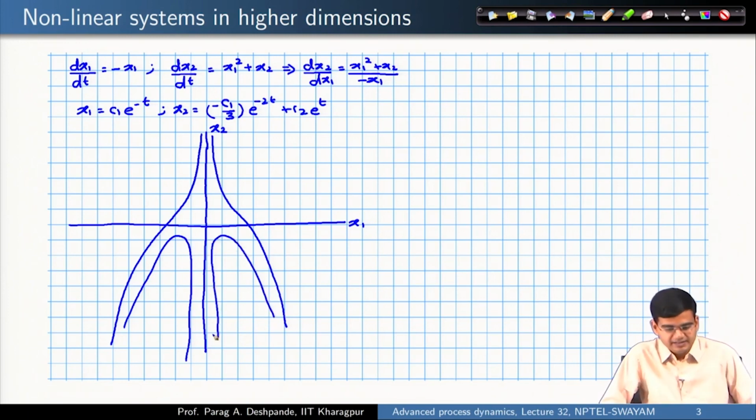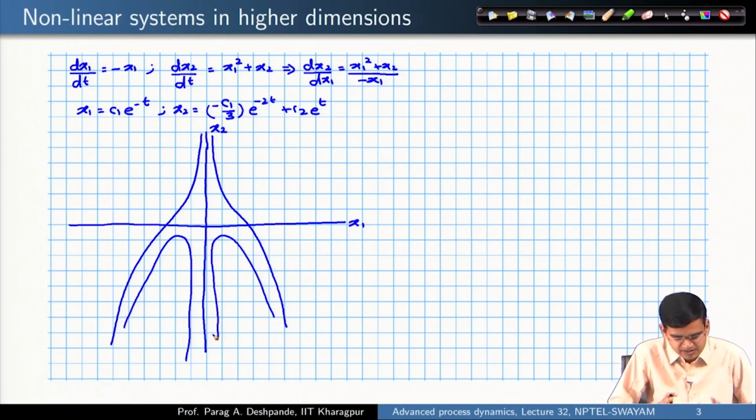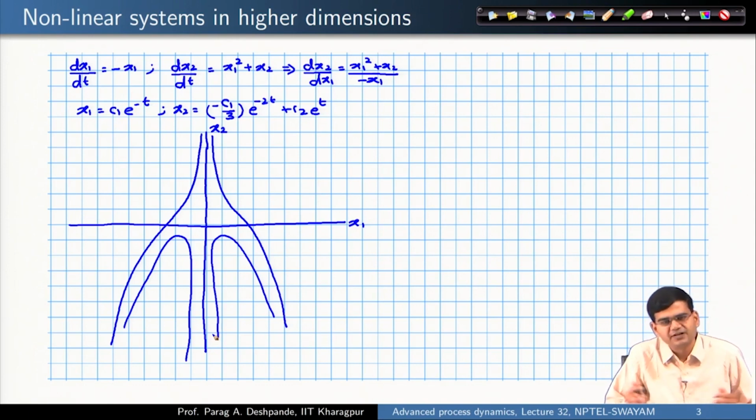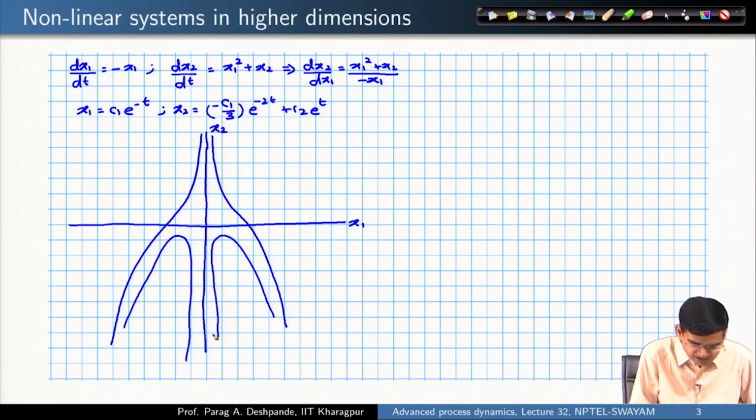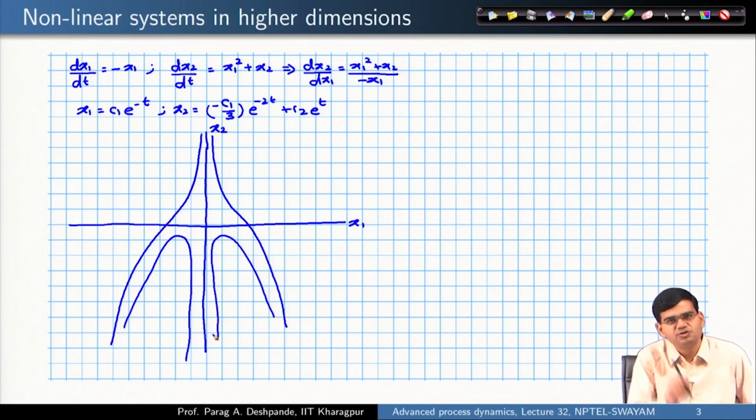As you would see from the solutions, x1 has e to the power minus t, so it should have a convergent behavior along the x axis. And x2 has e to the power t, so it should have a divergent behavior. So, in our previous terms it should have a saddle-like behavior.